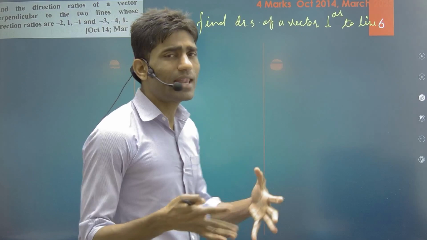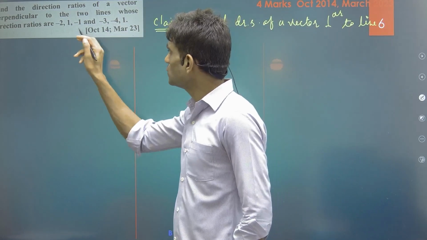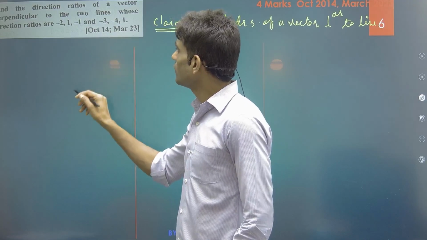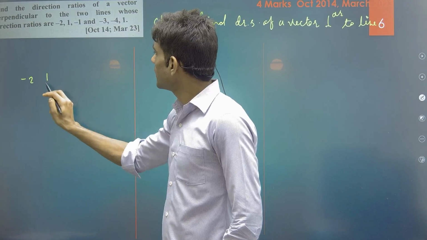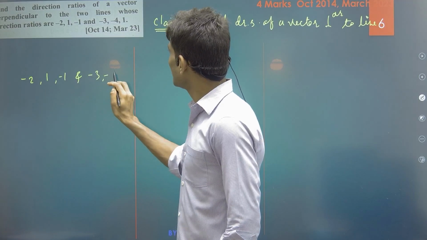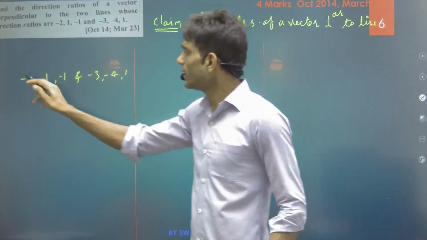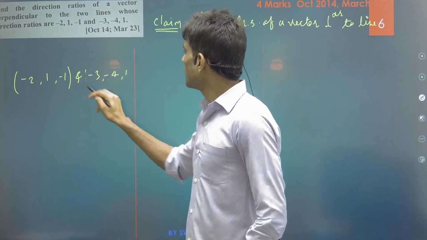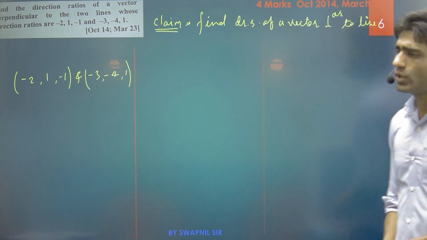Perpendicular to the line, and the line we have is given by the vertices 2, minus 2, 1, minus 1, and minus 3, 4, 1. So the first vertex is minus 2, 1, minus 1, and the second vertex is minus 3, minus 4, and 1. These two vertices are given here, and we want the direction ratios of a vector perpendicular to this line.